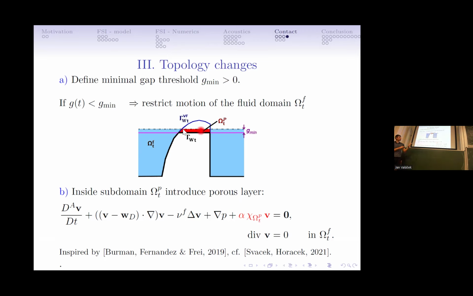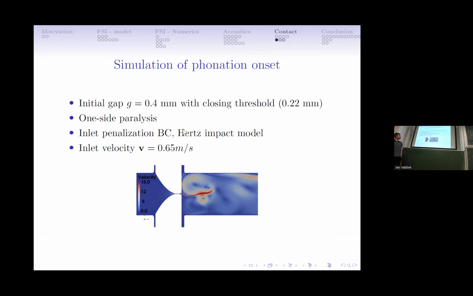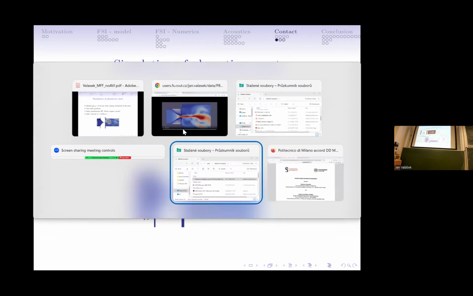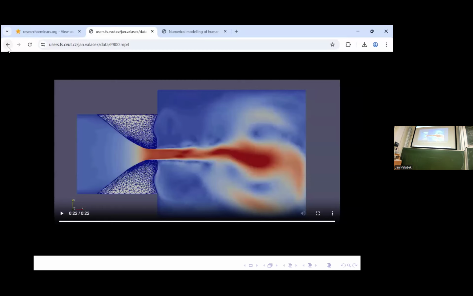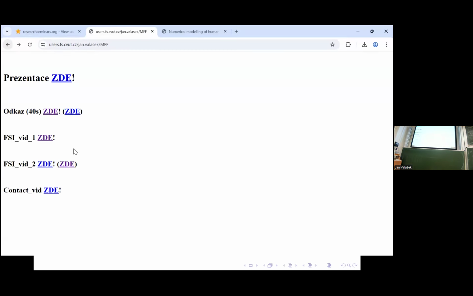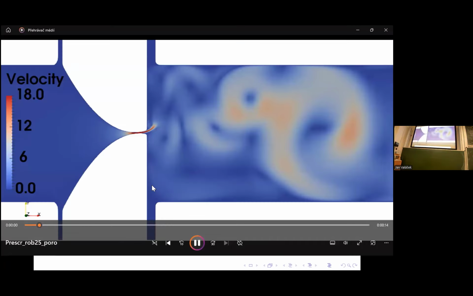This red part of the domain is active only when the channel is closed, and then it disappears. Using this setting, we were able to mimic the contact behavior.